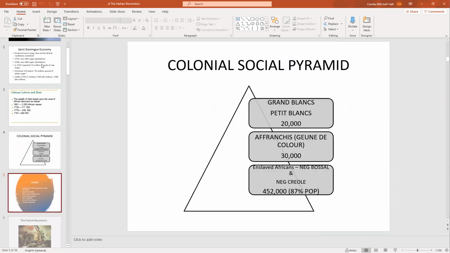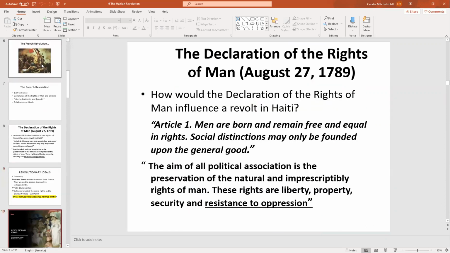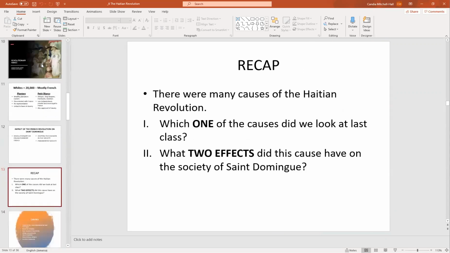All right, so recap. There were many causes for the Haitian Revolution, right? Which one of the causes did we look at last class?